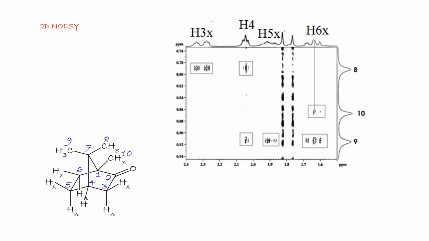The assignment of the 3-methyl groups was confirmed by a 2D NOESY experiment. Well, for CH3 on position 8, this should be correlated to H3X and C4H.